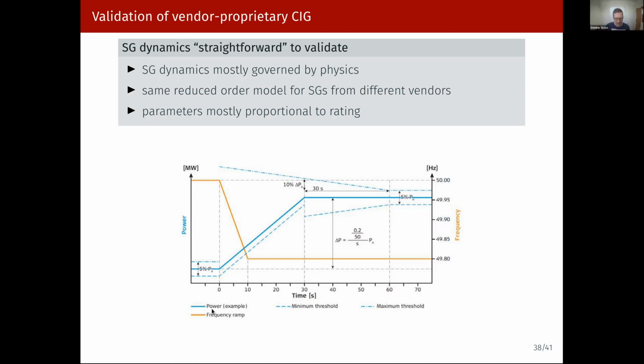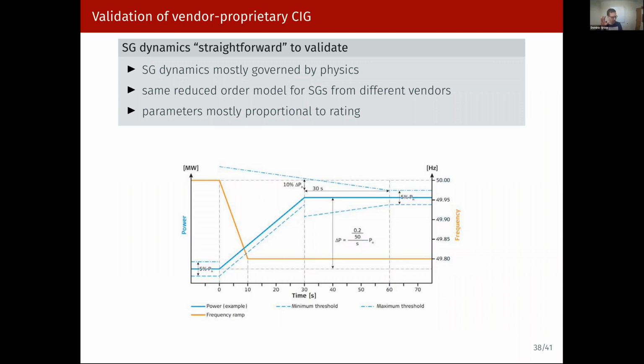And then the power injection of the machine has to stay within these minimum and maximum thresholds within these dotted lines here, right? So you see it's supposed to go up here, then it can have an undershoot or an overshoot, but that's limited by these lines here. And then ultimately in steady state, it has to end up within 5% of the droop response that was promised.